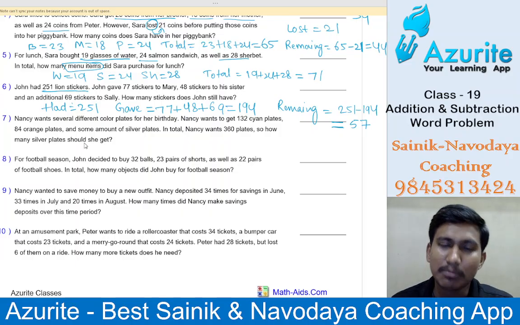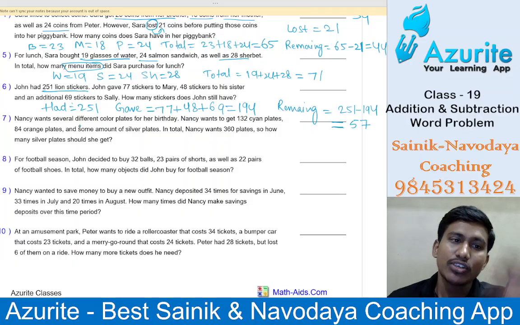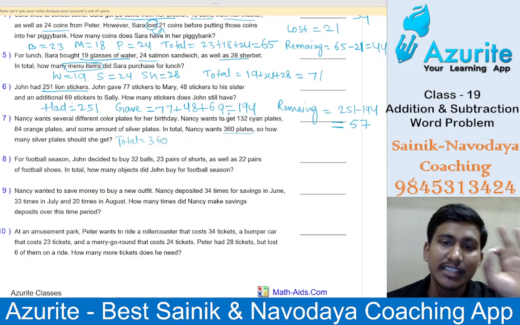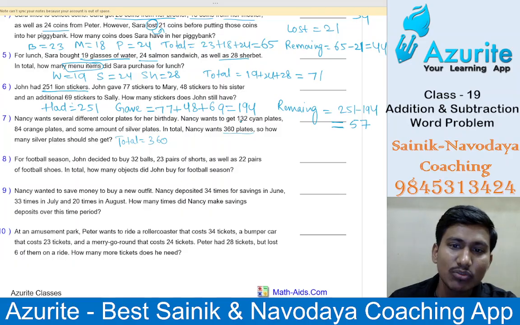Okay, so listen here. Total Nancy wants how many color plates? Total she wants 360. In that, Nancy wants 132 cyan.